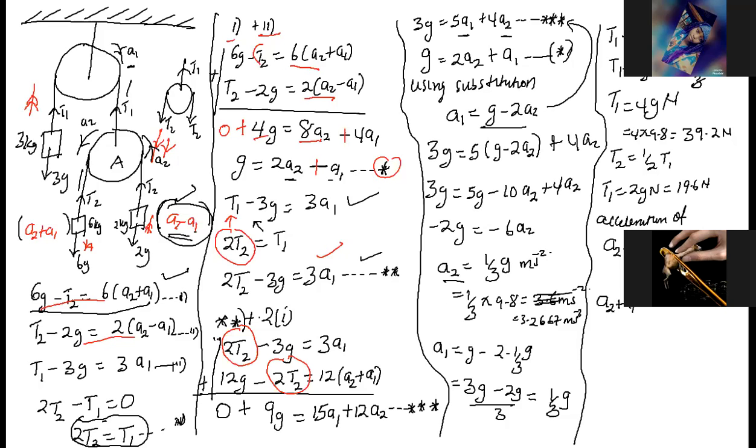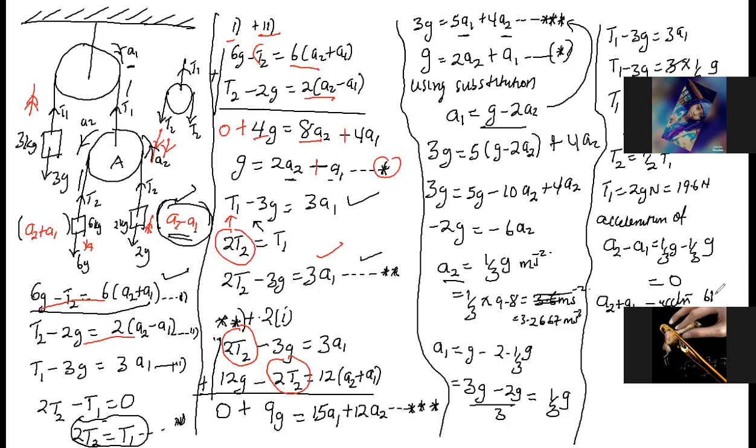A2 plus A1 is the acceleration of the 6 kgs. And this will be a third G plus a third G, which is equal to 2/3 G meters per second squared. Which is the same as what?